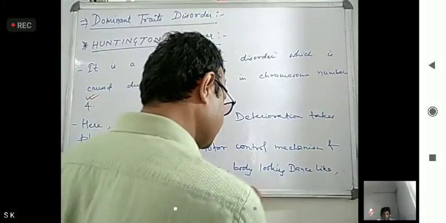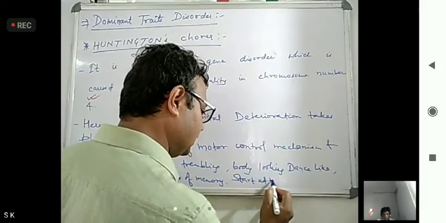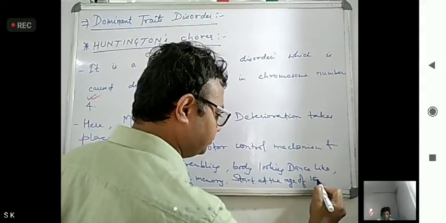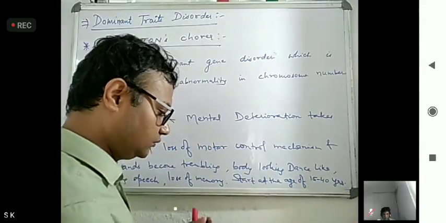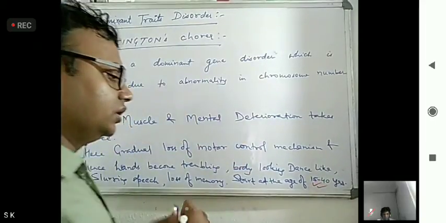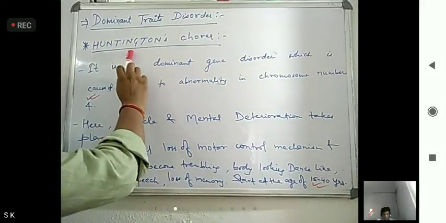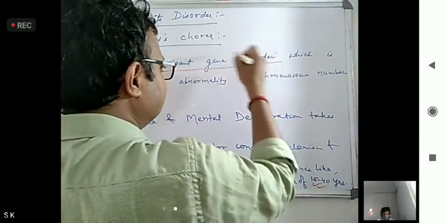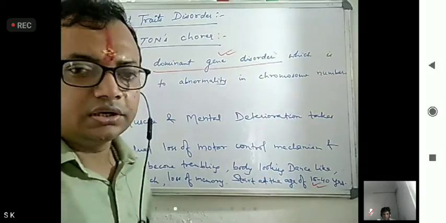So what I told, it starts at the age of 15 to 40 years. And this is very important, at which stage or age this is being started. Which one? Huntington's chorea. What type of disease is this? Dominant gene disorder. That abnormality occurs on chromosome number 4.